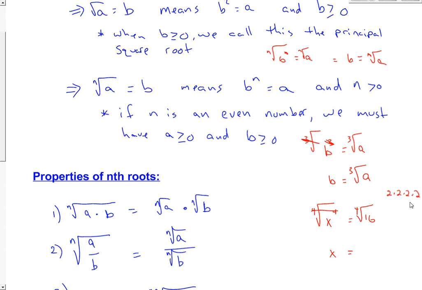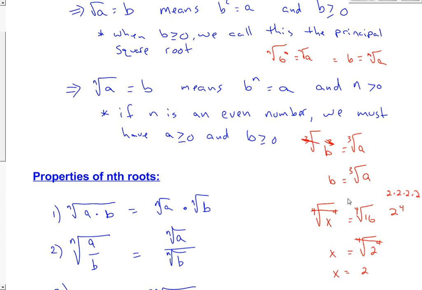There are four 2's, that's 2 to the fourth. So really, you are taking the fourth root of 2 to the fourth. And because you're taking the same radical value as the exponent, those cancel each other out, so that x is equal to 2. And 2 is the principal fourth root of 16.